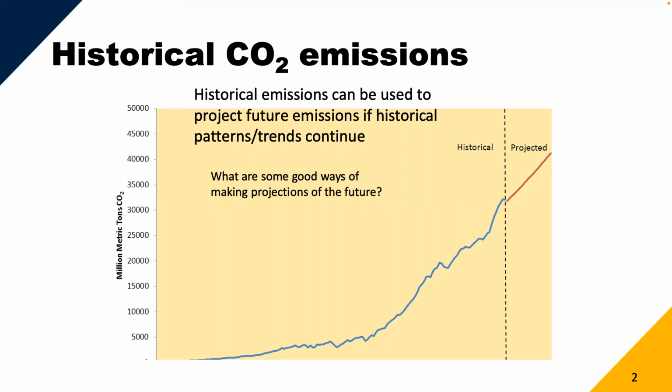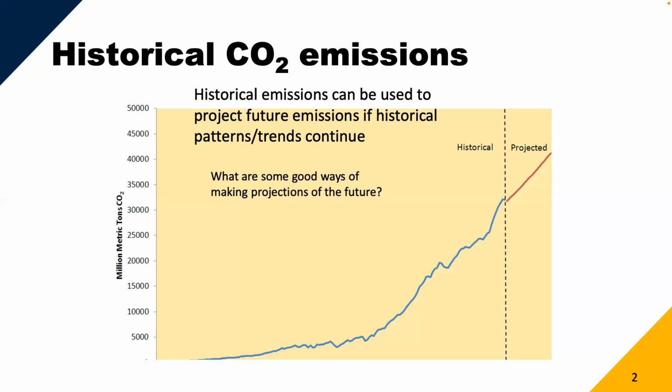As we were saying before, oftentimes what we're trying to do here is use historical information to project future trends. In the topic of climate change, this becomes particularly difficult, right? Because the historical trends that we have for CO2 emissions are increasing, and we want to start to change that.